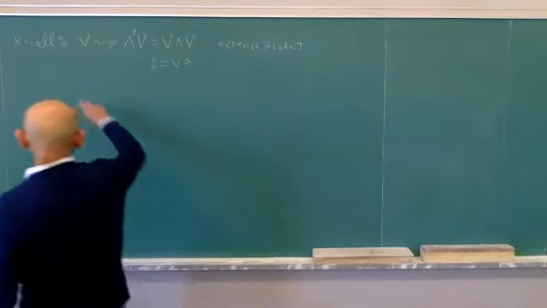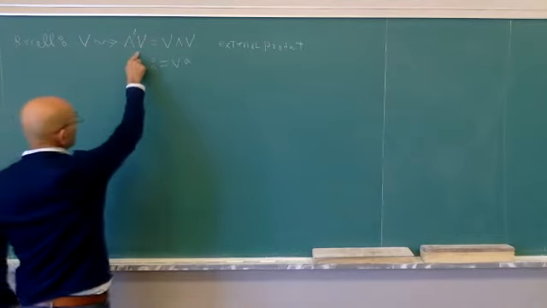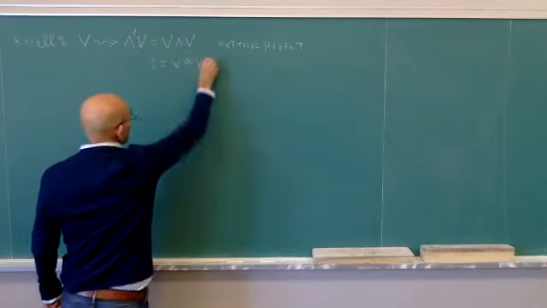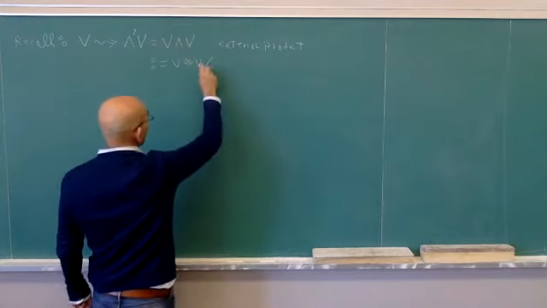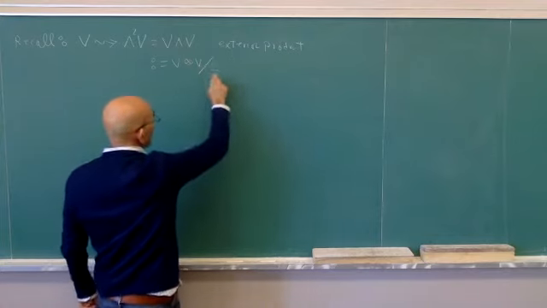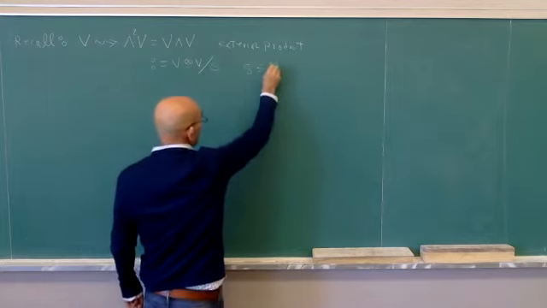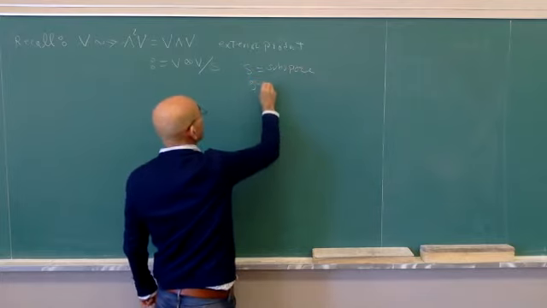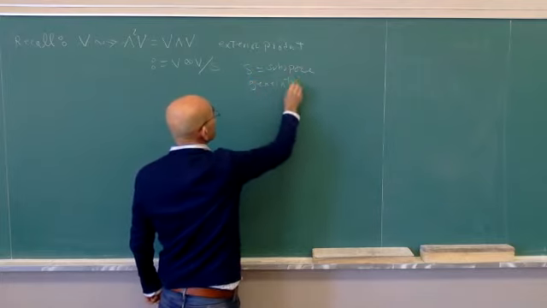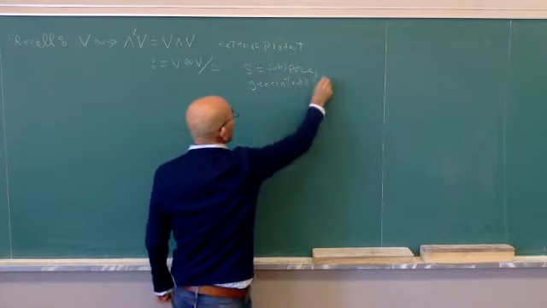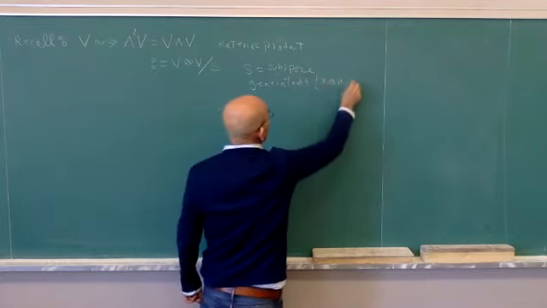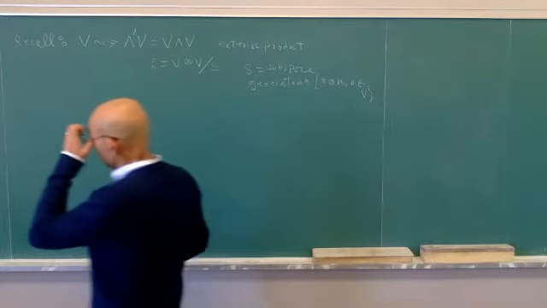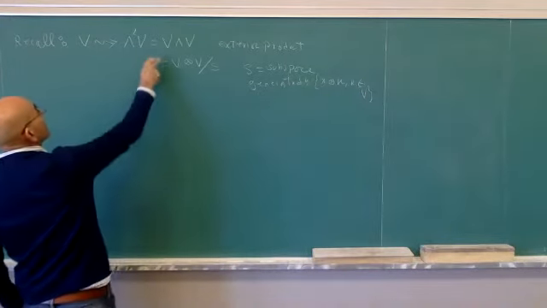Now recall from linear algebra, from V we go to wedge 2 of V, which is V wedge V. This is V tensor V divided by some subspace S, where S is the subspace generated by the set of x tensor x, with x belonging to V. That's one definition, for example, of this exterior power.